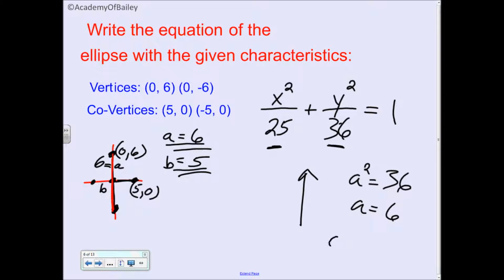And remember, a is greater than b, which is greater than 0. So 6 is greater than 5, which is greater than 0. And that's how you can tell that it's a vertical major axis, by identifying a squared and b squared, and a is always larger. And if a is underneath y minus k, then you know it has a vertical major axis.